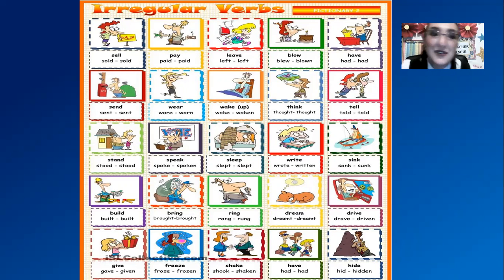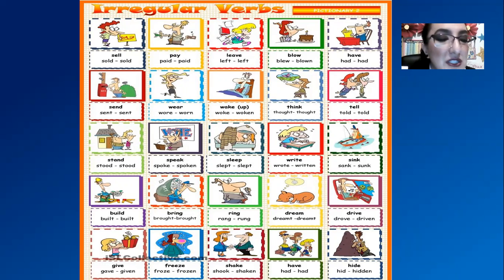Here, as we are going to be having different verbs, they are going to have specific pronunciations for each one of the verbs. Pay, paid, paid. Leave, left, left. Blow, blew, blown. Write, wrote, written. Sing, sang, sung. Speak, spoke, spoken.